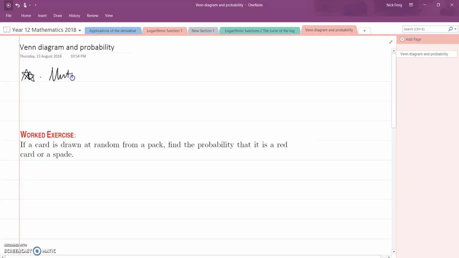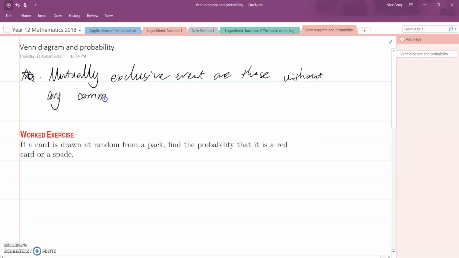Mutually exclusive events are those without any common elements.